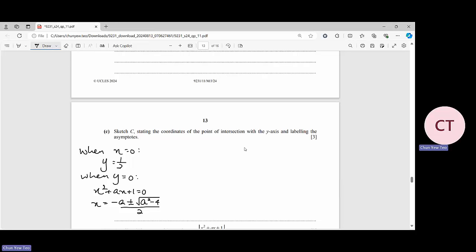So from here, I use freehand, but in an actual exam, you use a ruler so that you can get a better drawing. Okay, so the scale must be proper so that your diagram is more proper. So x is 0, y is a half. Then this one is minus 2.